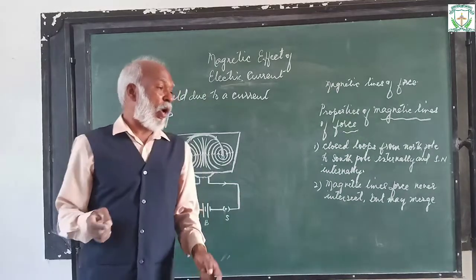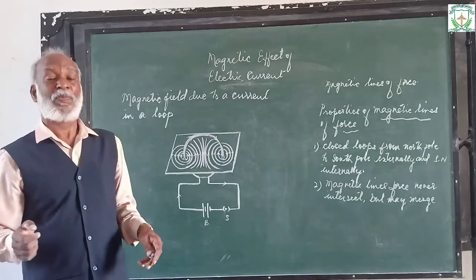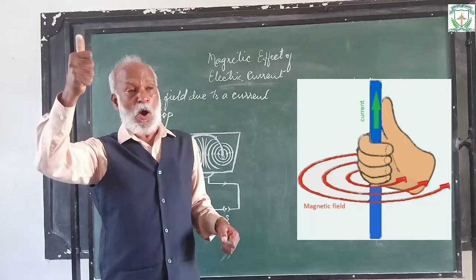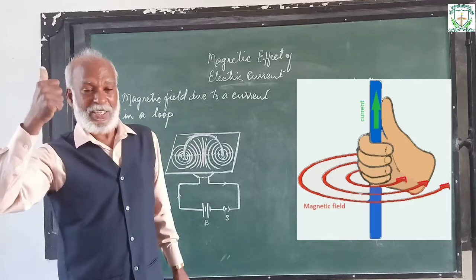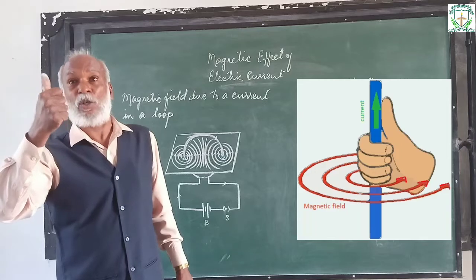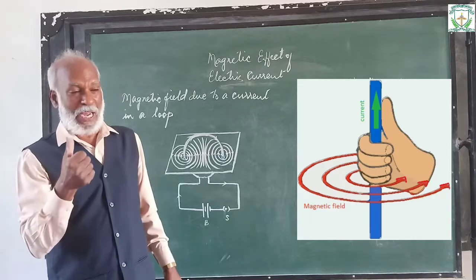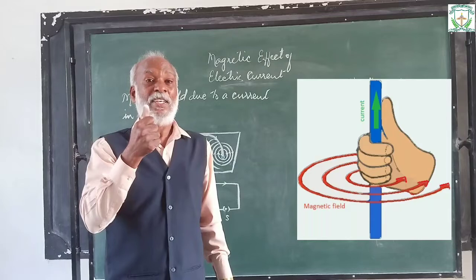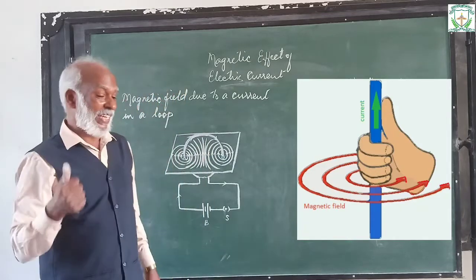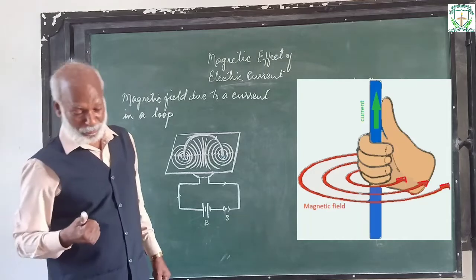We have a rule called Fleming's right hand thumb rule, or Maxwell's right hand cork rule.